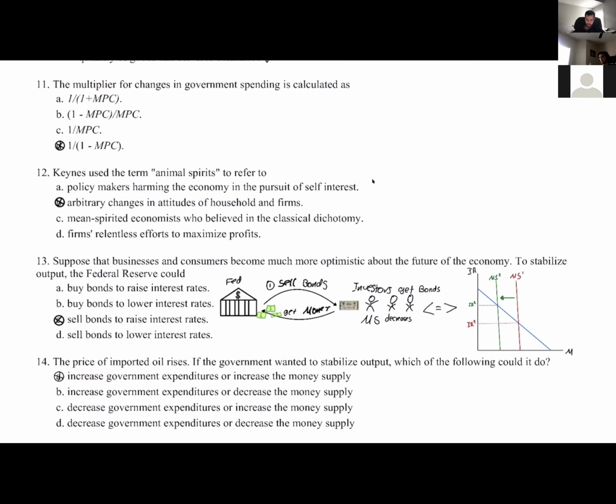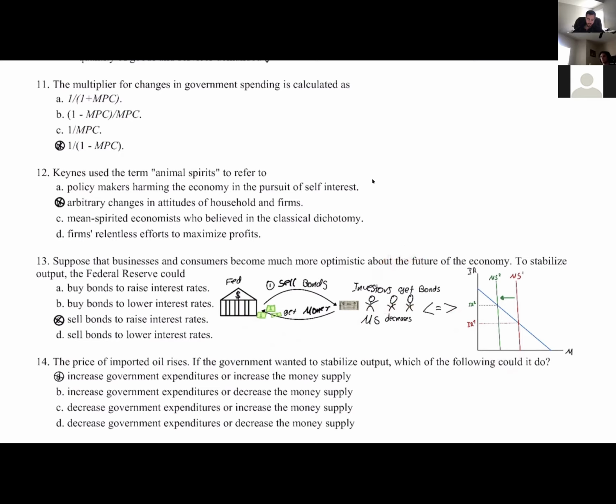So they basically want to decrease the money supply, which in return would make the interest rates go up. And how do they do that? They sell bonds, which means that investors will give their money to the Fed. That means the general public has less money, which is basically the money supply.